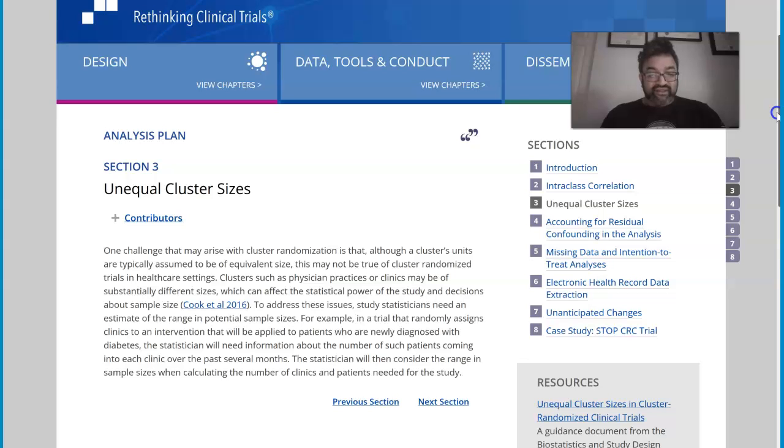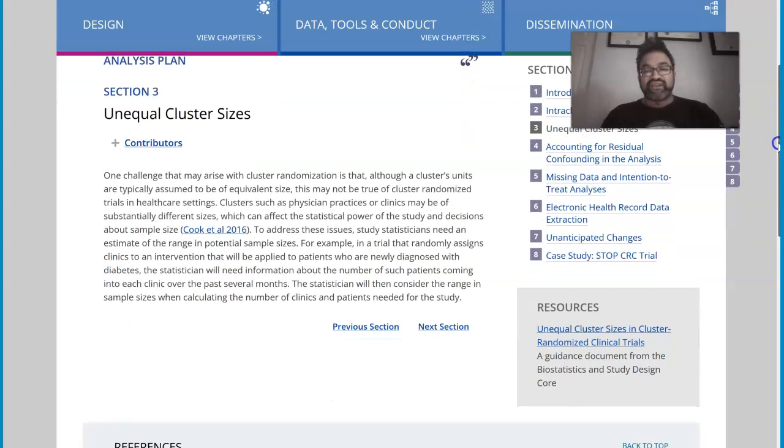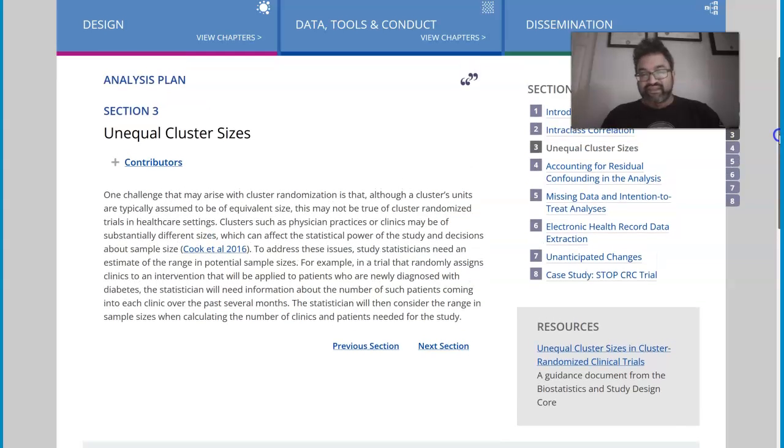Then in a trial that randomly assigns clinics to an intervention that will be applied to patients who are newly diagnosed with diabetes, the statistician will need information about the number of such patients coming into each clinic over the past several months, and then the range in sample sizes that are needed in each of the places.